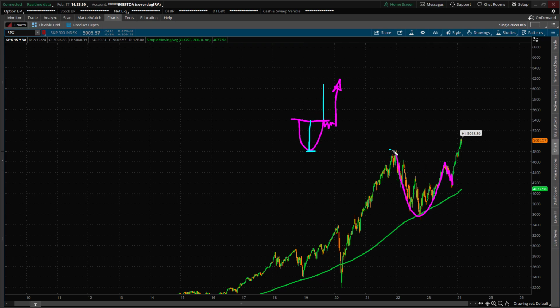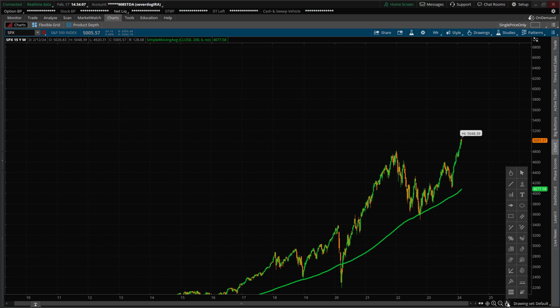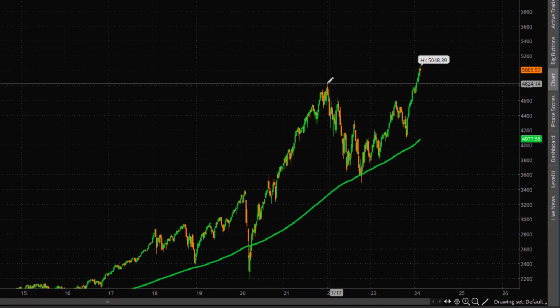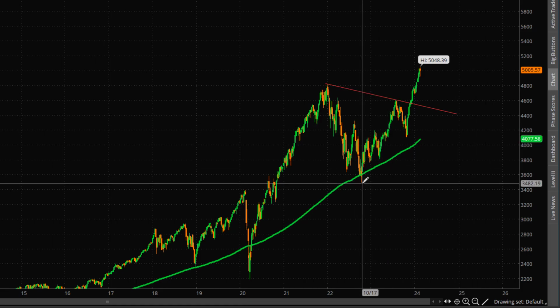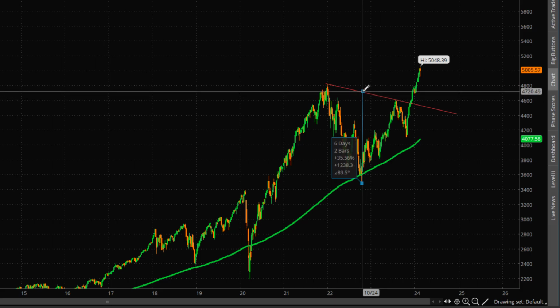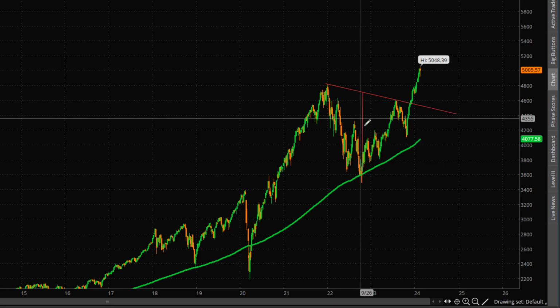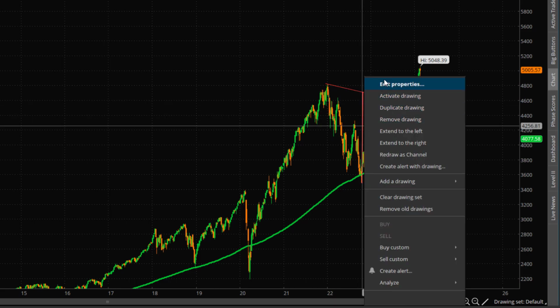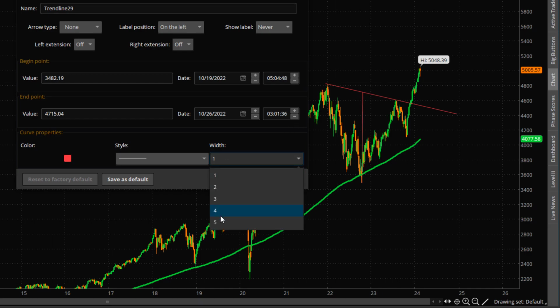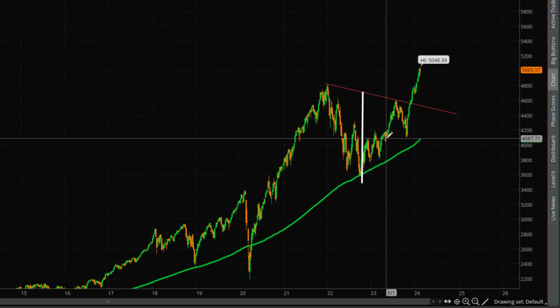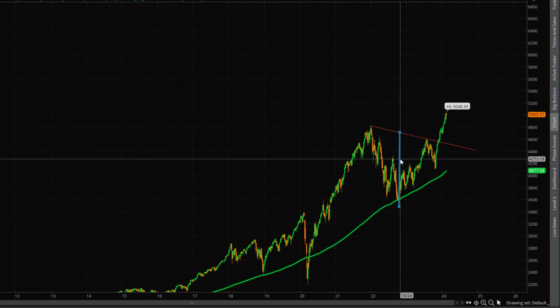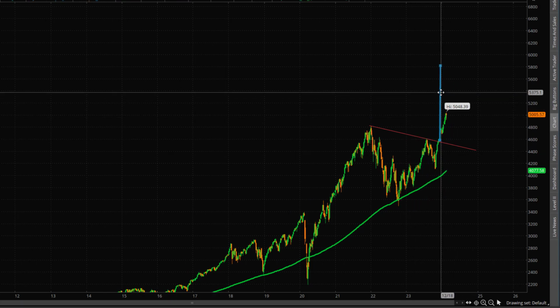What we're going to look at doing here is using this as the neckline. Using a standard trend line, we're going to draw this trend line in here and then draw another trend line from the bottom up to where it intersects with this trend line. Let's make this one a little bit bigger, wider, fatter, and a different color so that we can track it. Now we're going to bring this up to the breakout level.